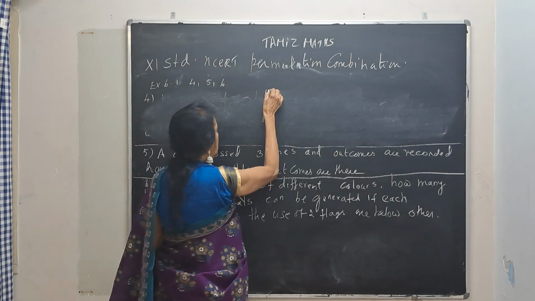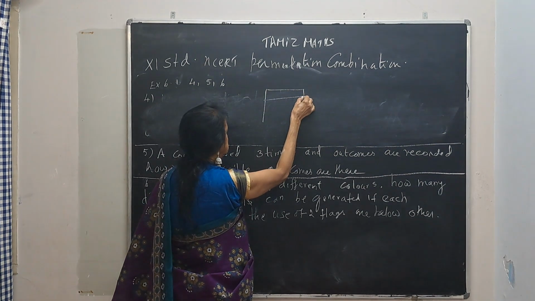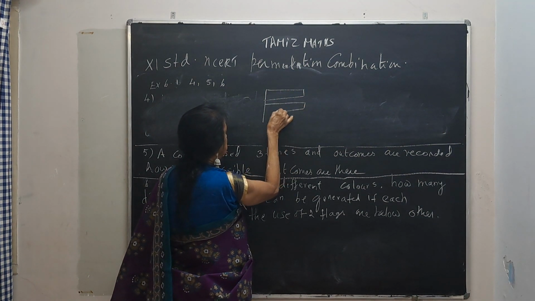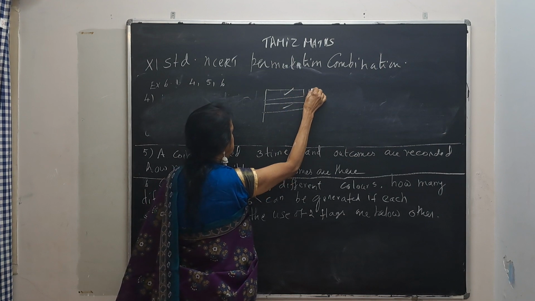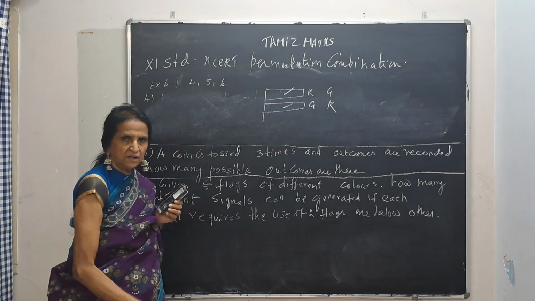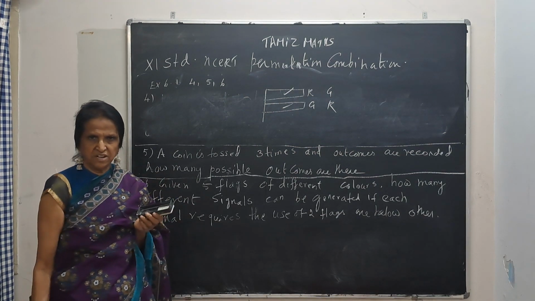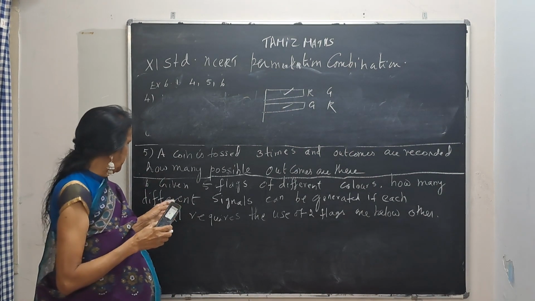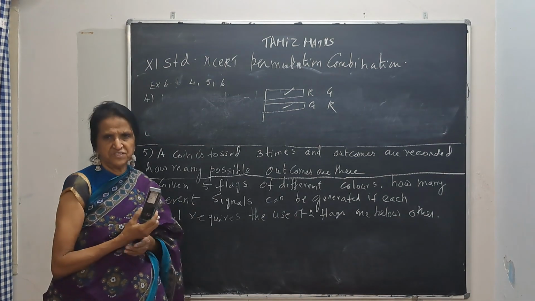I want 2 flags for a signal. Like this can be red, this can be green. This can be green, this can be red. They are 2 different signals they will give, isn't it?